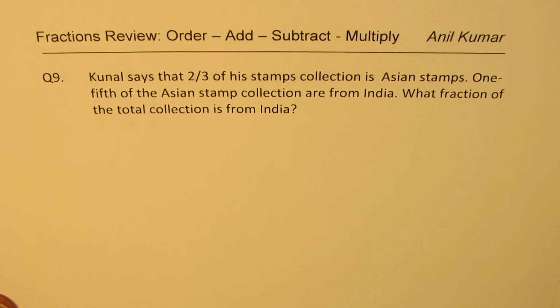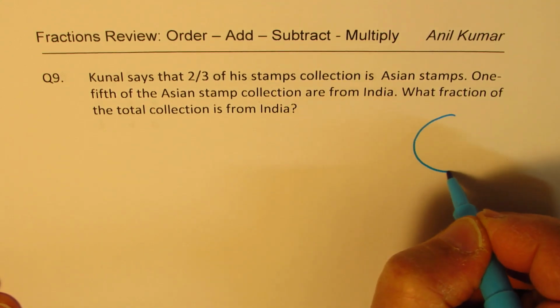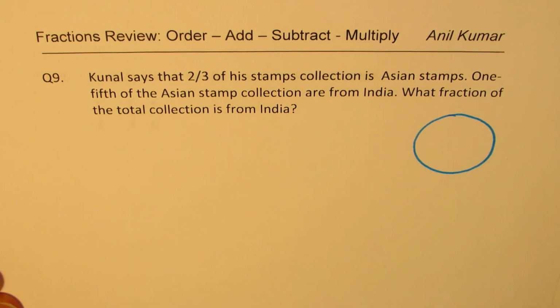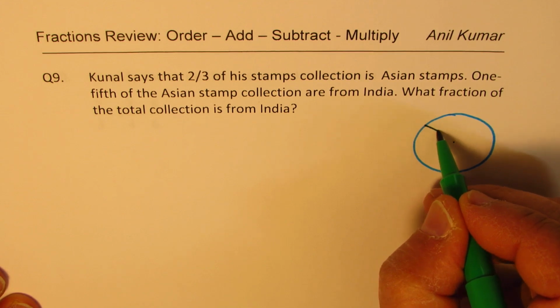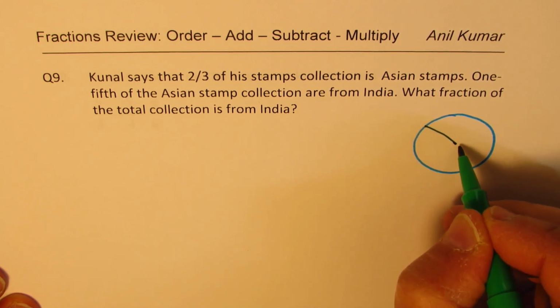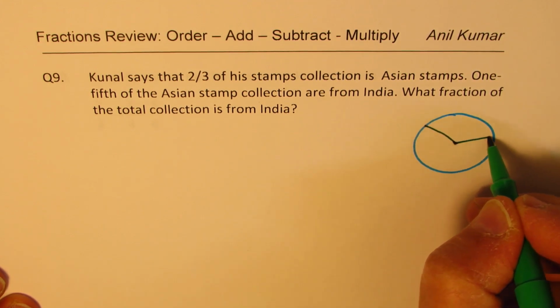Now, let's try to visualize this particular question, right? So let's think about it like this. This is the total collection, right? So when we say 2/3, I can divide this into 3 parts. So these are our 3 parts.